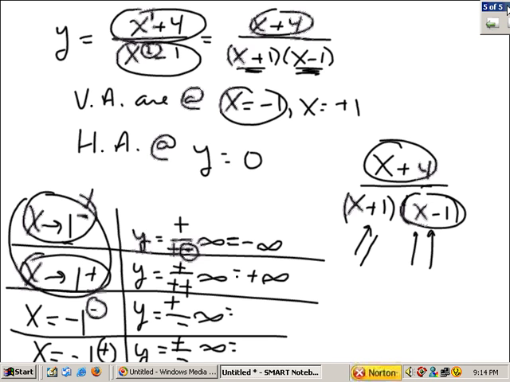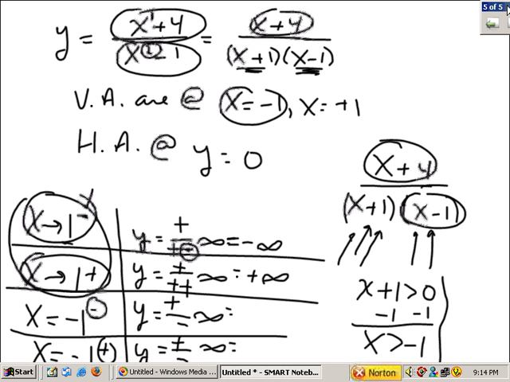But what happens to this factor, this one? Well, when is it positive? It's positive when x is bigger than negative 1. That means it's negative when x is not bigger than negative 1. That is when x is less than negative 1. If you want to actually work out when it's negative, go for it. x is less than negative 1.